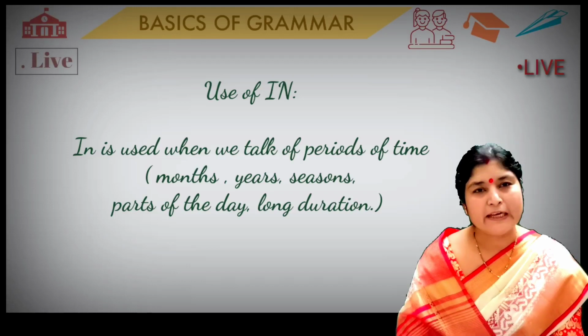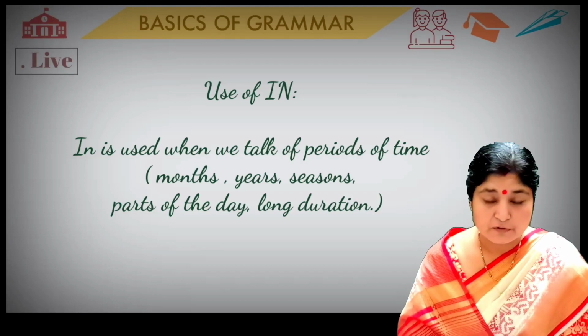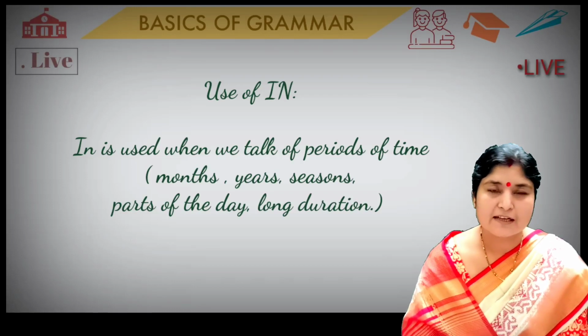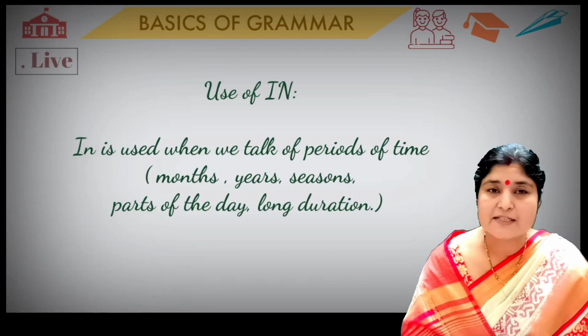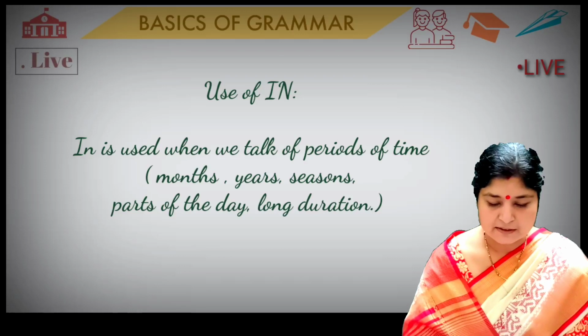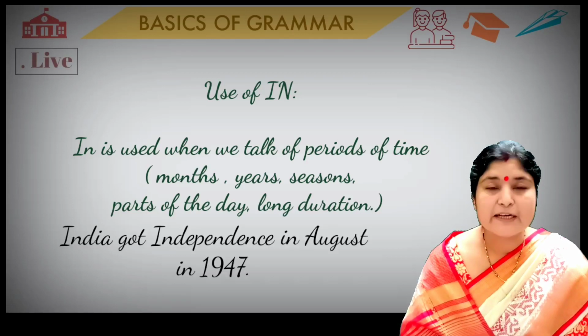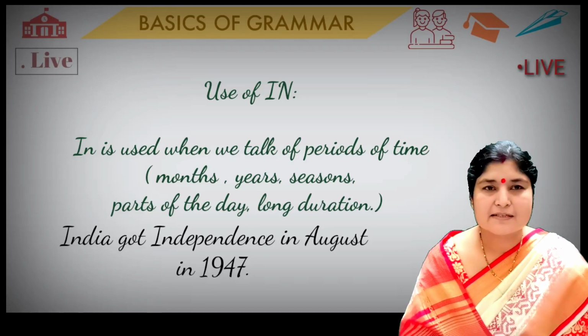Next, use of "in". "In" is used when we talk of periods of time such as months, years, seasons, parts of the day, long duration. For example, India got independence in August.